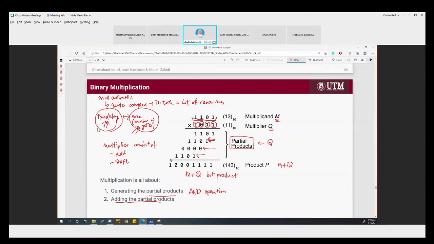The number of partial products. Okay, this is basic. You already know the basic. But we call the multiplier, everyone knows that the multiplier is expensive.